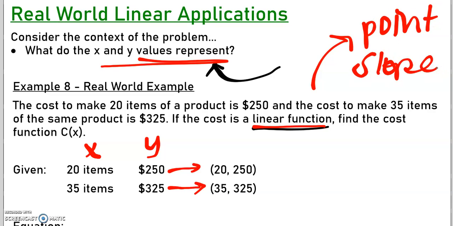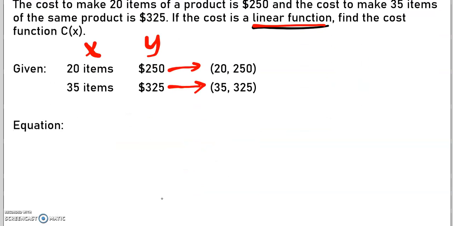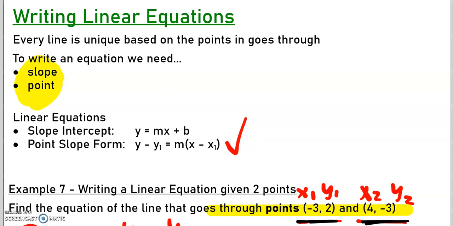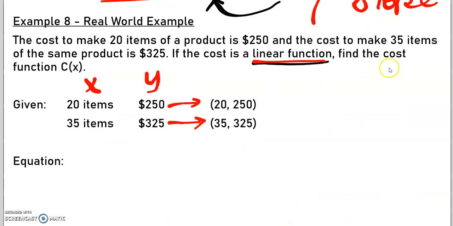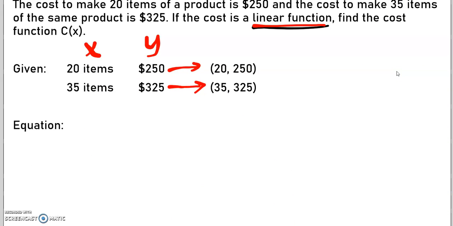Okay? So luckily, I was able to take the information that we were given, and we want to write it as a point. 20, 250, 35, 325. And now we can start to write our equation and treat it just like the problem we just did. What happens when we were given 2 points? Okay? Well, I know I need the slope, so I'm going to start with the slope.